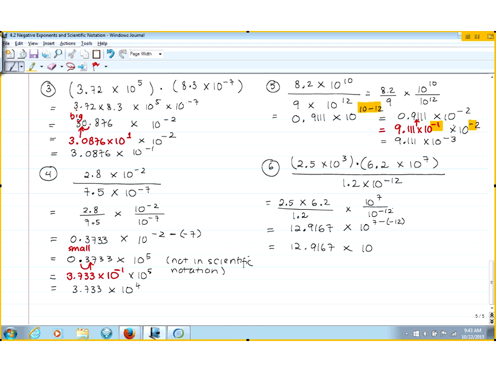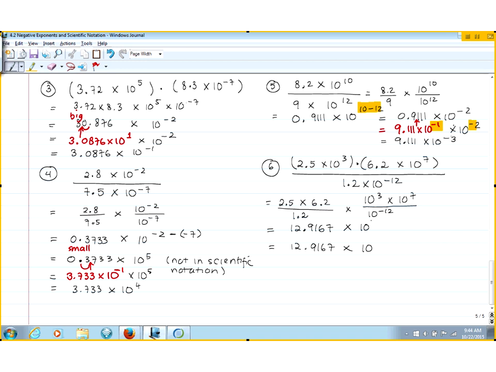This one, right? Oh, I forgot the 3. You're right. I'm missing the 3. I forgot the 3. You are right. So this is 10 cubed times 10 to the 7th, right? Okay. Yes, you're right. I forgot the 3. I forgot the 10 cubed. No wonder you're looking at me like, where did you get the 7 from?